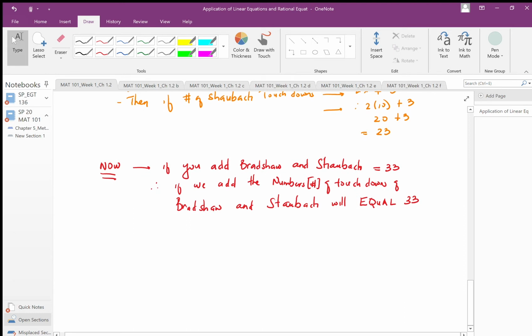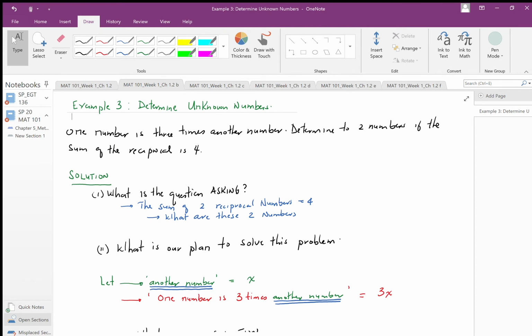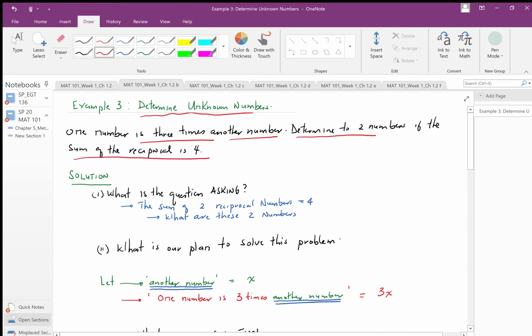Now let's move on to another problem. This one, we are asked to determine the unknown numbers. One number is 3 times another number. Determine the two numbers if the sum of the reciprocals is 4.